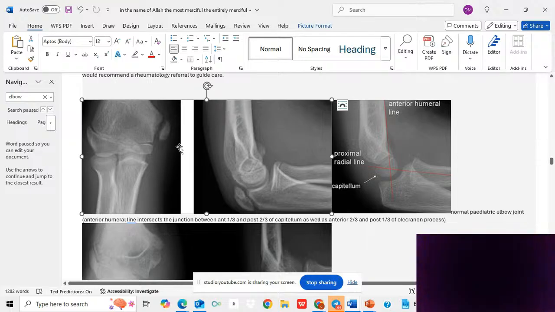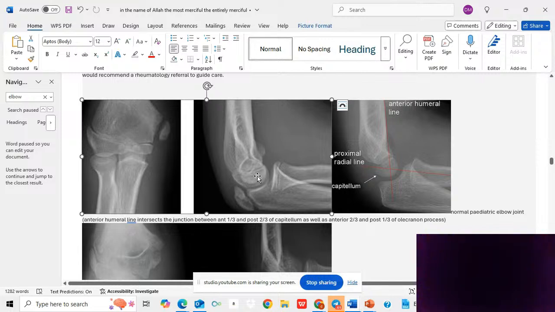So this is the medial humeral condyle, lateral humeral condyle, and this is the trochlea, and this is the capitellum. As you can see, the trochlea is very small compared to the capitellum.